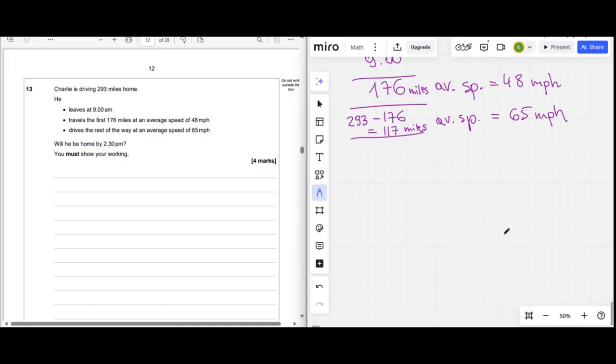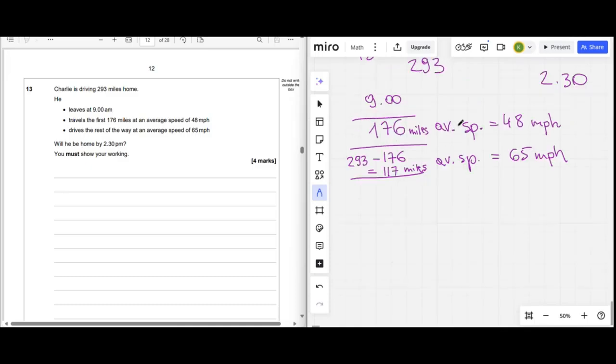Let's find the time for each of them. Again, average speed is total distance by total time. And let's take the first part of the journey: 48 miles per hour, and that's 176 miles by the total time.